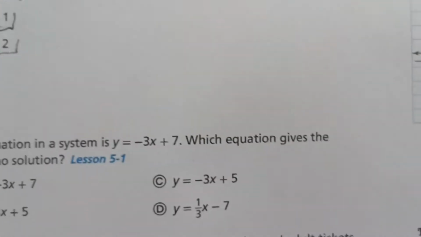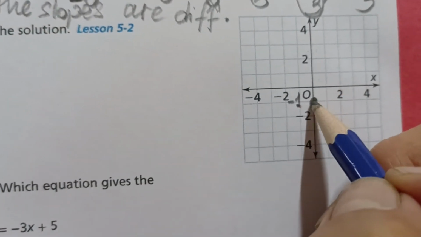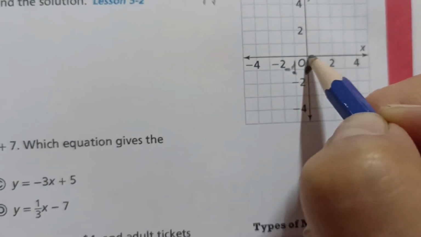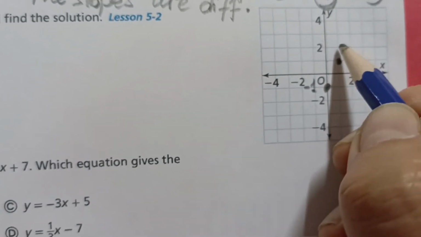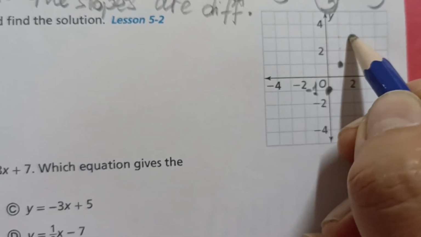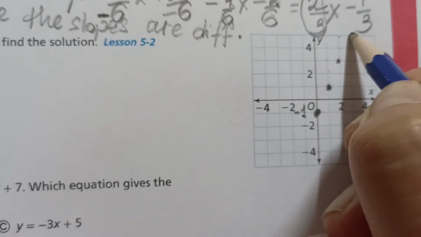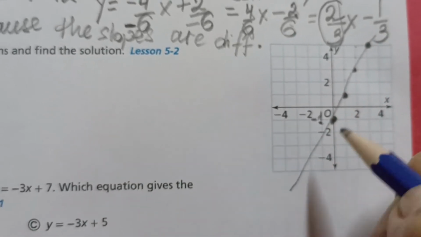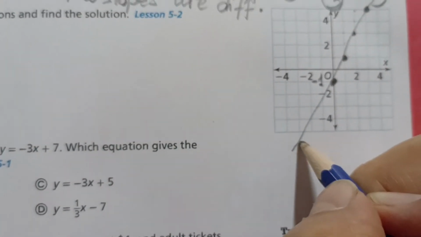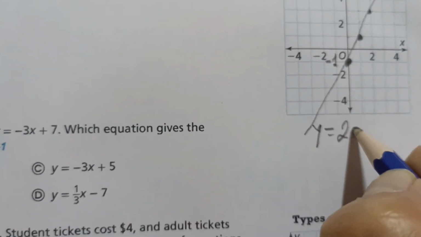That means 2 up, 1 to the right. So let us go 2 up, starting from this intercept. 1, 2 up, 1 to the right. We are here. Again, 2 up, 1 to the right. We are here. And if you want, you may go again 2 up, 1 to the right. Okay, so this is your line. And at the end, let us write that this is for equation 2x minus 1.